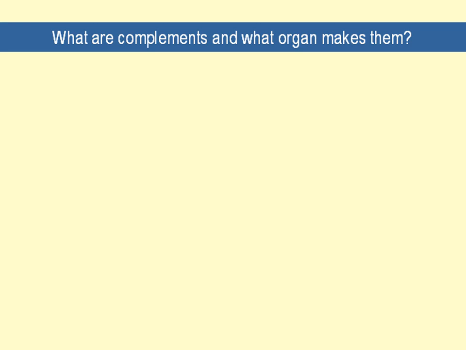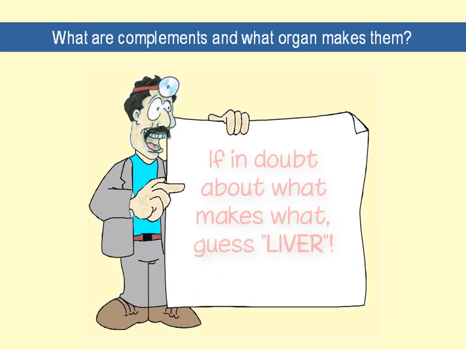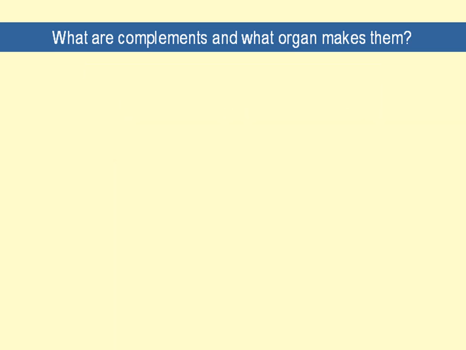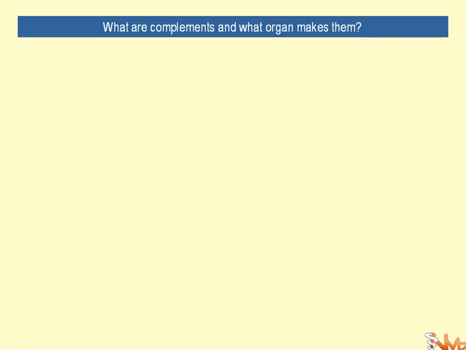Of course, if you recall, I have said it over and over again that if you are in doubt and you don't know what organ makes any specific substance, you can always guess liver as your last resort. And for the most part, you may be correct. You have to know, of course, the exception to this big generalization.